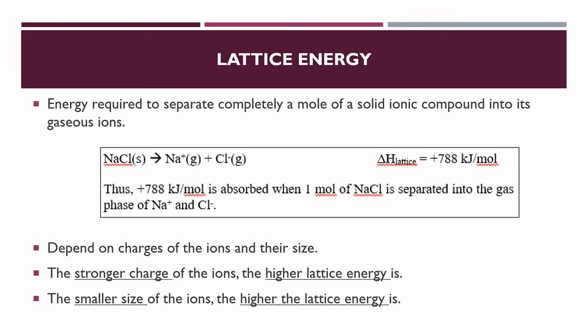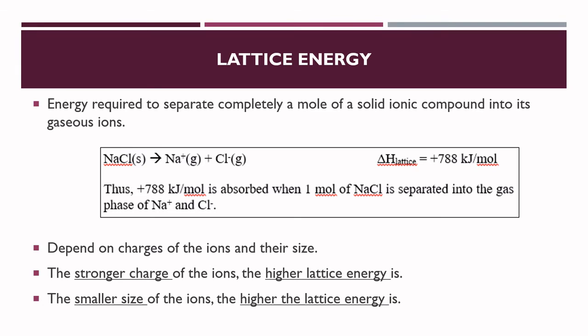Lattice energy means the energy that is required to separate completely a mole of solid ionic compound into its gaseous ions. For example, you have sodium chloride here, and you want to break it into its gaseous form, so you have Na+ and Cl- ions in the gaseous state.